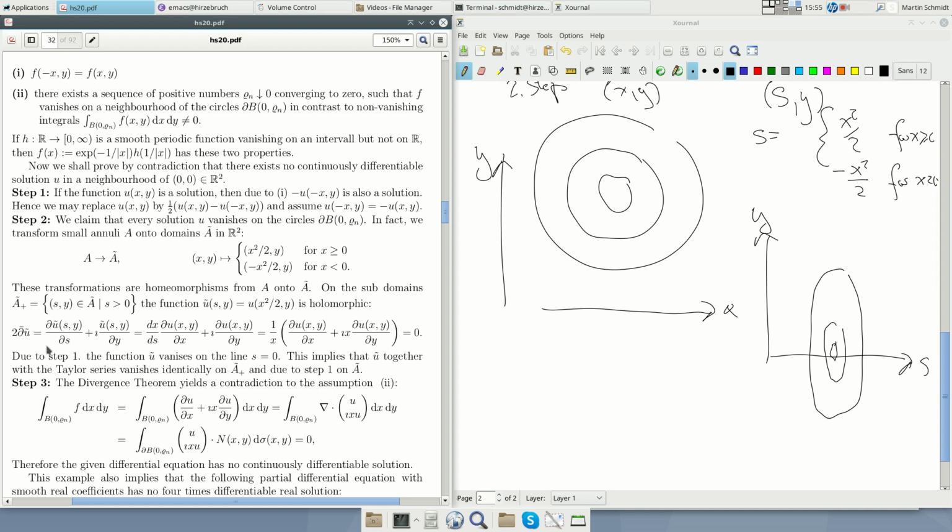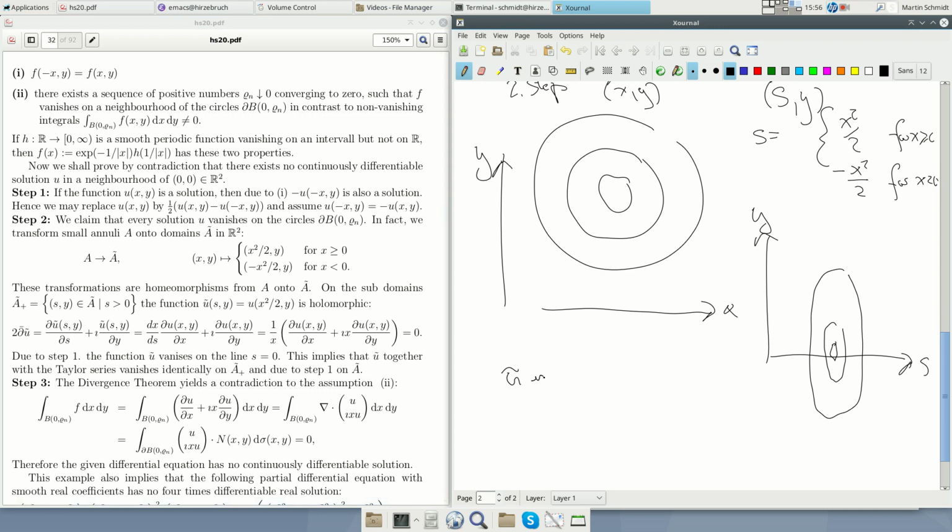Because this equation, if this is 0, this exactly means that this function is differentiable in the complex sense. So U tilde is complex differentiable in the sense of complex function theory.